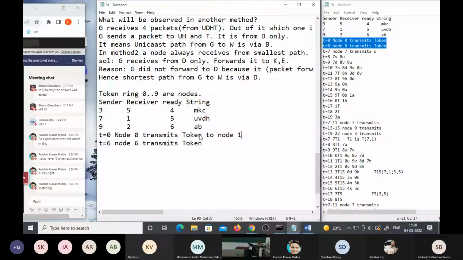At t equal to 1, node 1 transmits token T to node 2. Node 1 receives at t equal to 1.